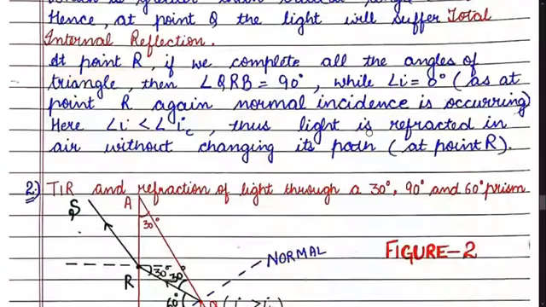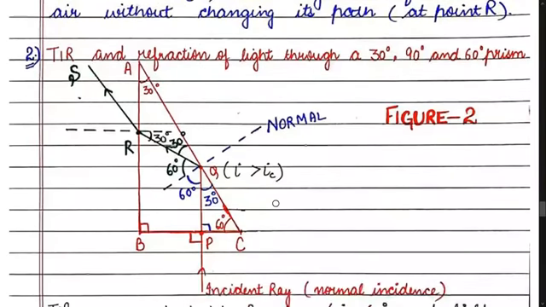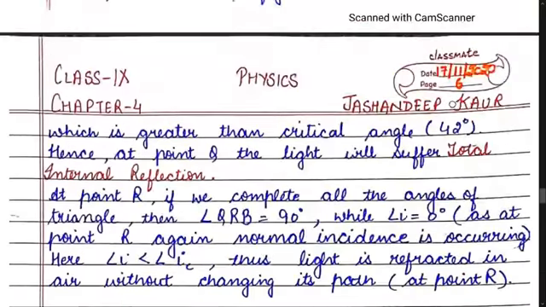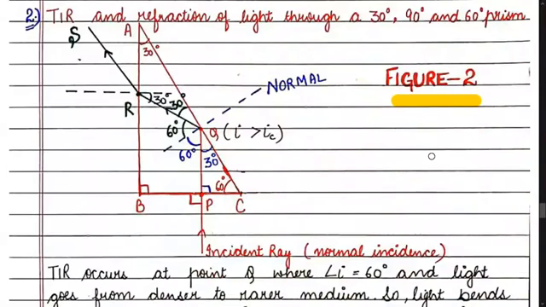Now students, let us do TIR and refraction of light through a 30 degree, 90 degree and 60 degree prism. That means the angles of the prism are 90, 60 and 30 as shown in figure number 2 drawn on page number 6 of the notes sent to you on 17th November 2020.